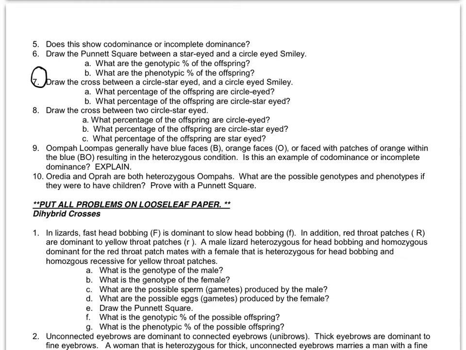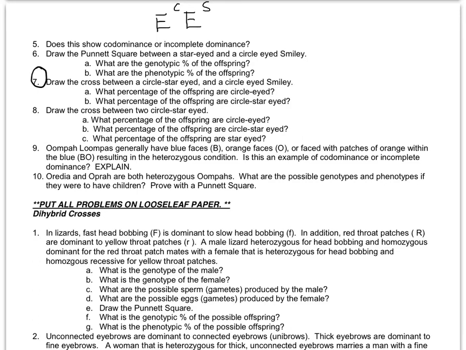And so if an individual is going to have what we would say circle star eyes, then let's go ahead and use E for eyes and superscripted C for circle, and then again E, and then a superscripted S for star.